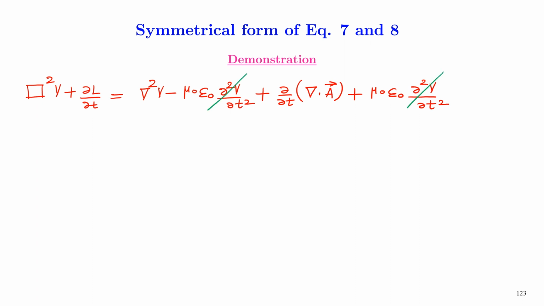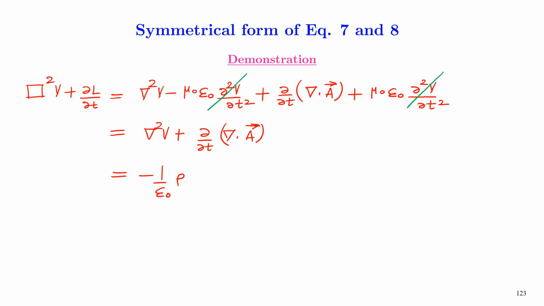These two terms get cancelled, resulting in del square V plus dou over dou T of del dot A, and this is nothing but negative of 1 over epsilon 0 times rho, which we have proved in equation number 7.